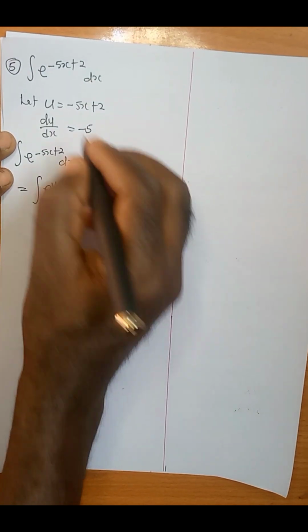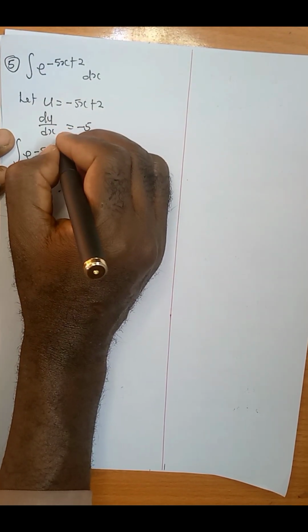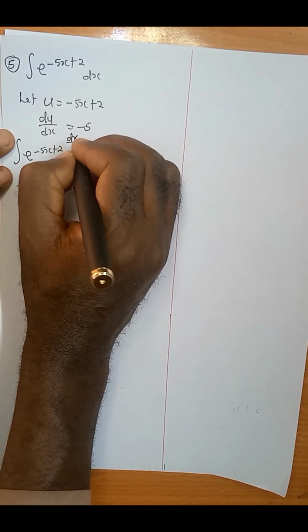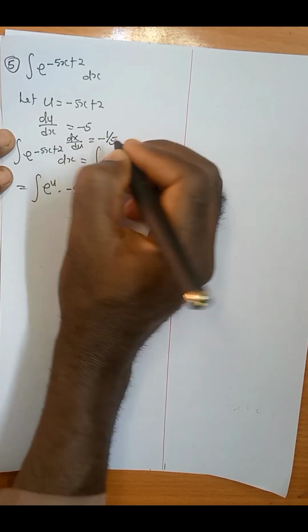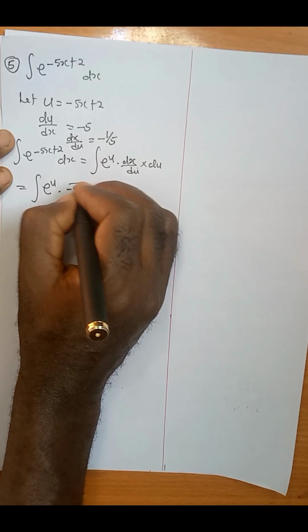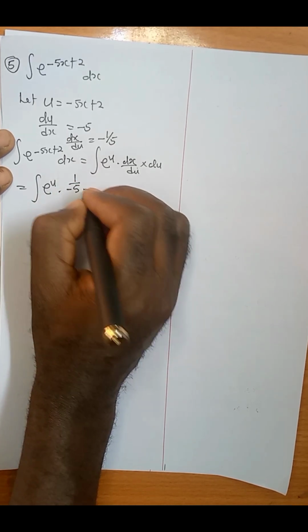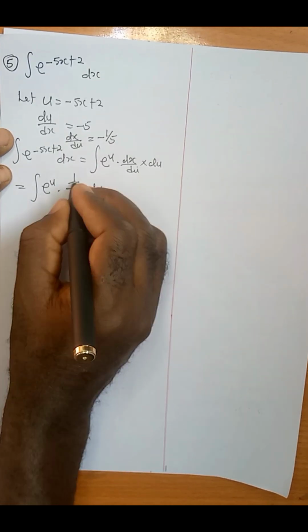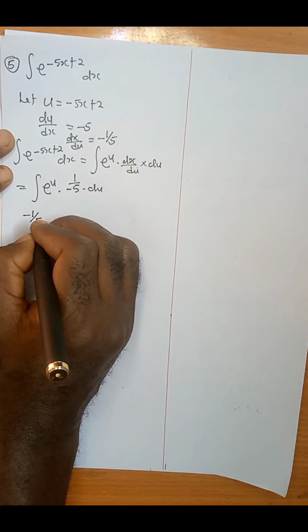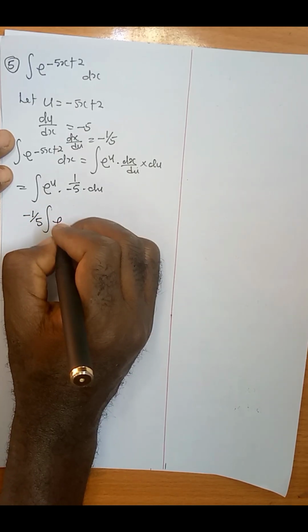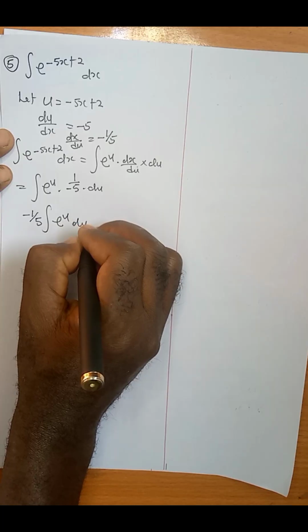Sorry, we did not invert it here. From here, the dx over du, when we invert it here, it will be minus 1 over 5. Then du. Then we bring it out. This will be minus 1 over 5 integral of exponential u du.